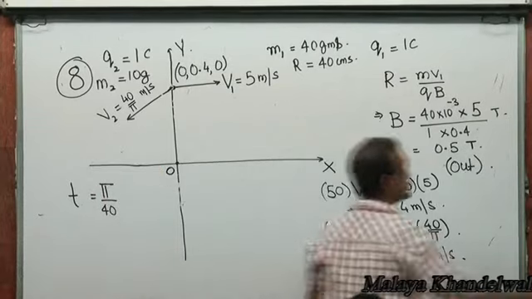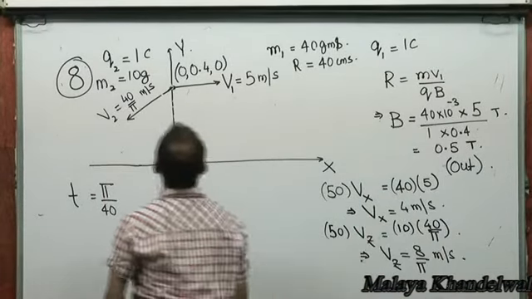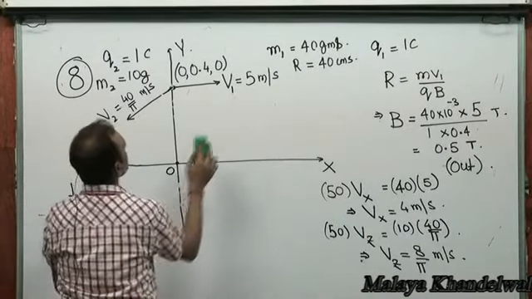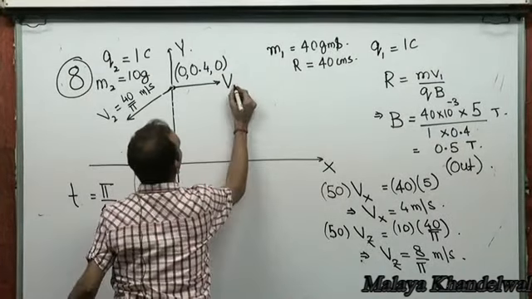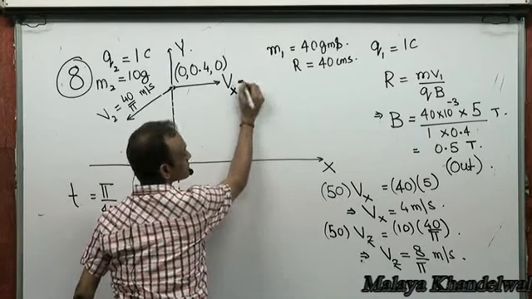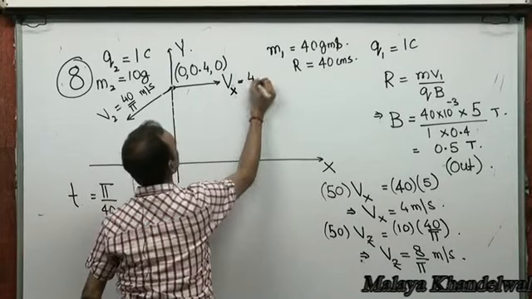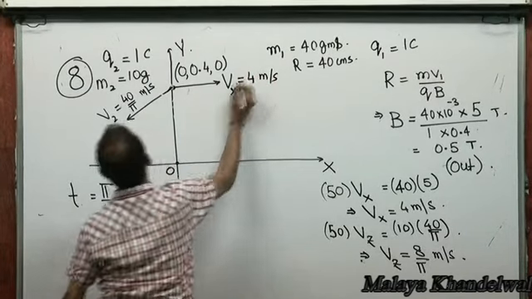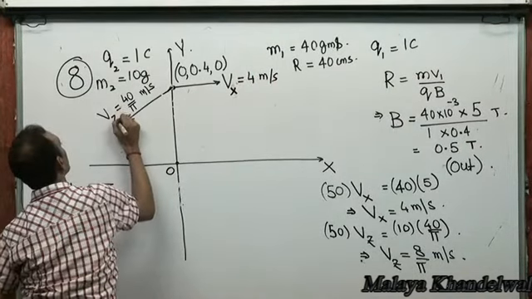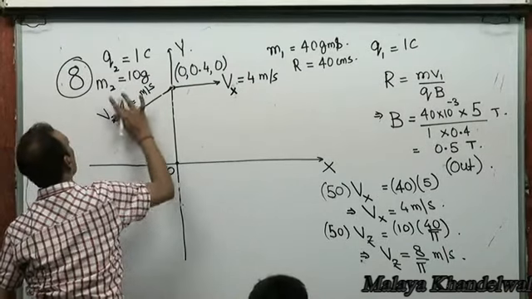Now, let me look at the combined mass. The combined mass has Vx, which is 4 meters per second, and has a velocity Vz, which is 8 by pi meters per second.